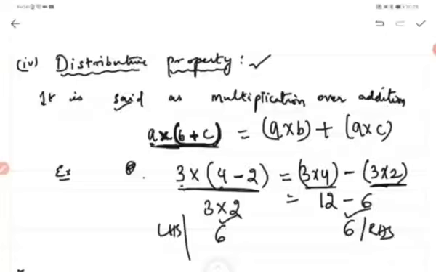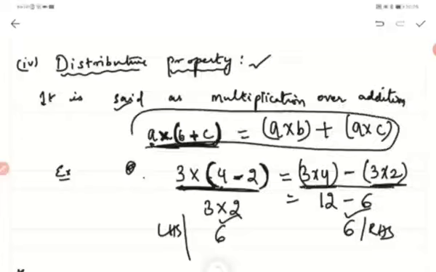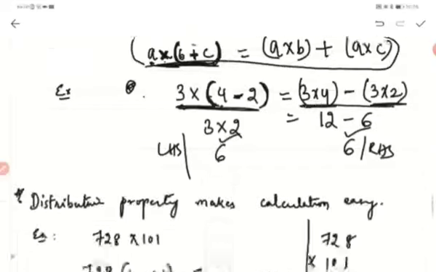So with the distributive property, if you have a minus sign also, if you get any equation or problem of this type, you open the bracket and write in this manner. This is called multiplication over addition.